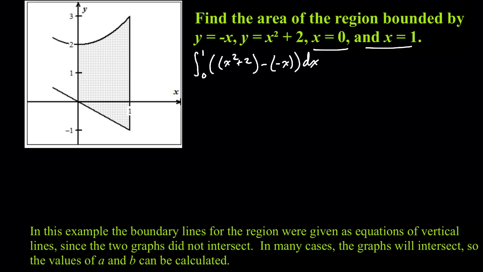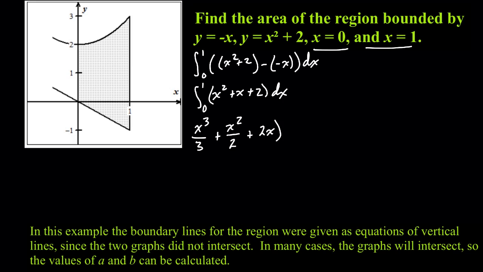All right, so we're going to clean this up a little bit before we evaluate this integral. So you're going to have x squared plus x plus 2 dx. Take the antiderivative, giving you x cubed over 3 plus x squared over 2 plus 2x. We evaluate all of this between 0 and 1.